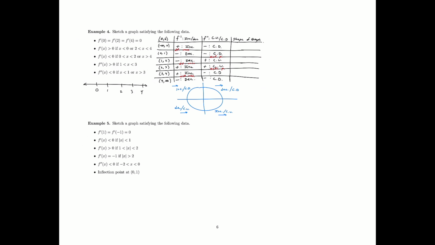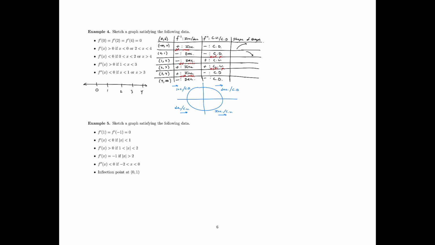So increasing and concave down would look something like this. Decreasing concave down would look something like this. Increasing and concave up. Oops. I read the wrong column. Pardon me.